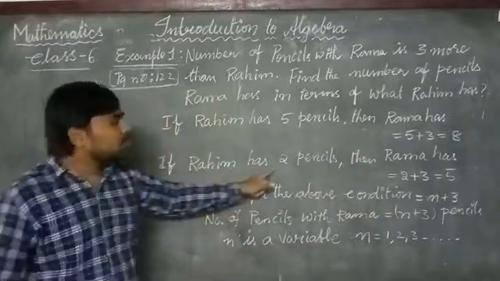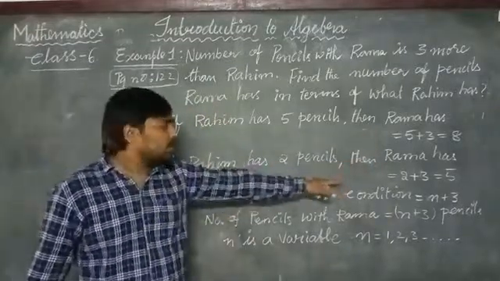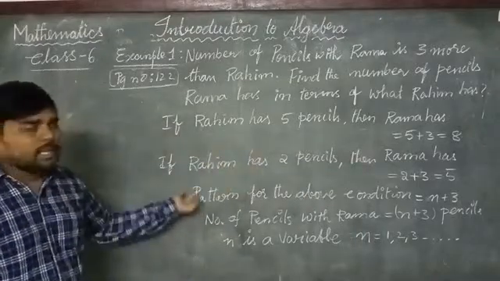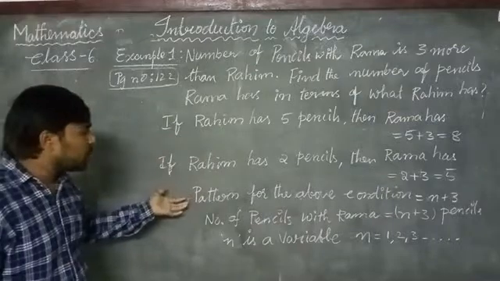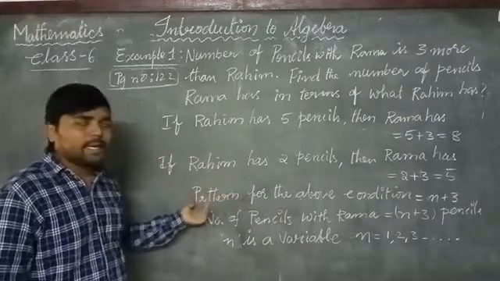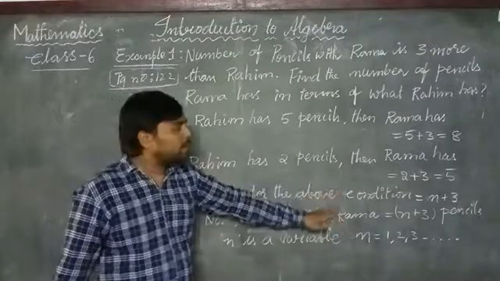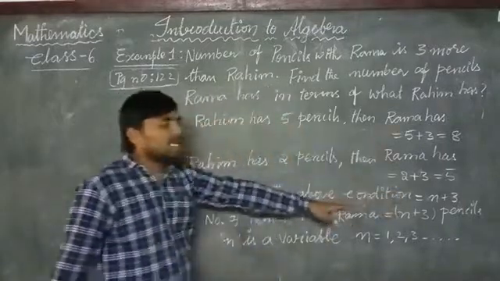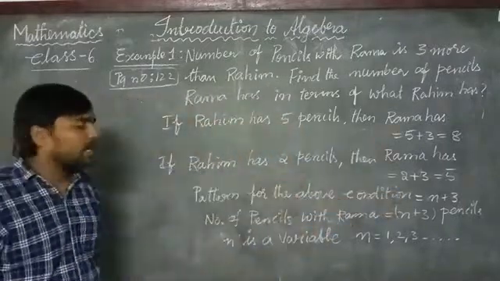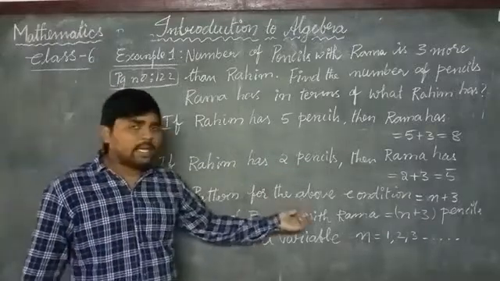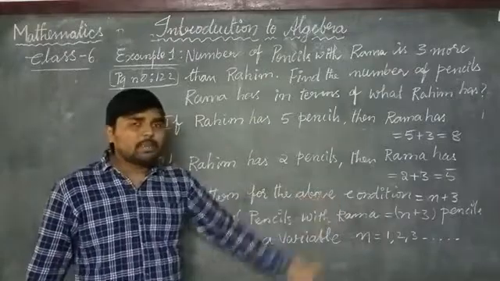If Rahim has 2 pencils, then Rama has 2 plus 3, that is 5 pencils. For this condition we can write the pattern n plus 3. Why? Because the first value is changing, that is why we take n as a variable. Finally, the number of pencils Rama has is n plus 3 pencils.